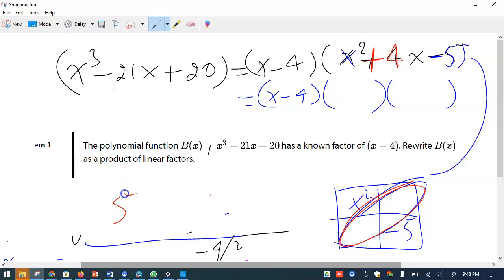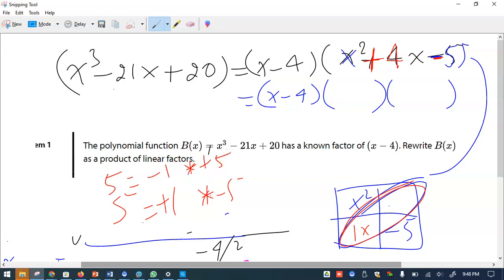So 5 can be split as 1 times 5. So this is the best option. And 1 times 5 is 5. And so should I put 1x, and remember this is negative 5 here. Because it is negative 5, one of them has to be positive, the other one is negative. Is it this way or should I take it minus 1 times plus 5?